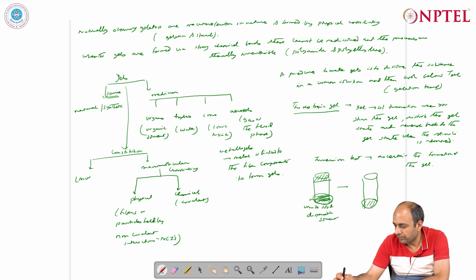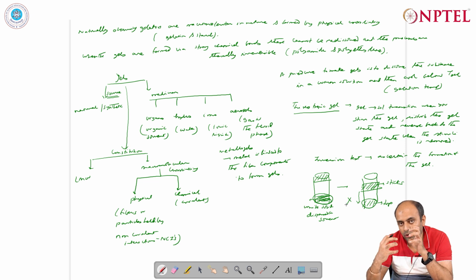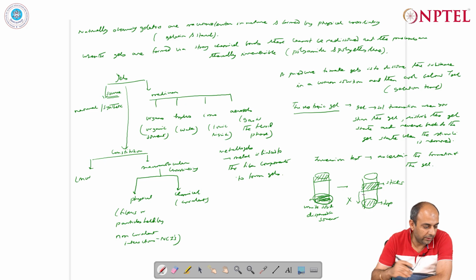So, this now becomes the top, and this gelatinous mass will essentially stick and does not fall under gravity. This tells you that this is a gelatinous state where there are strong forces of adhesion between the solvent molecules and the jelly like substance, which sticks to the glass surface, thereby preventing it from falling freely under gravity, and it is a proof of the formation of a gel. So, this inversion test is interesting in characterizing the formation of gels.